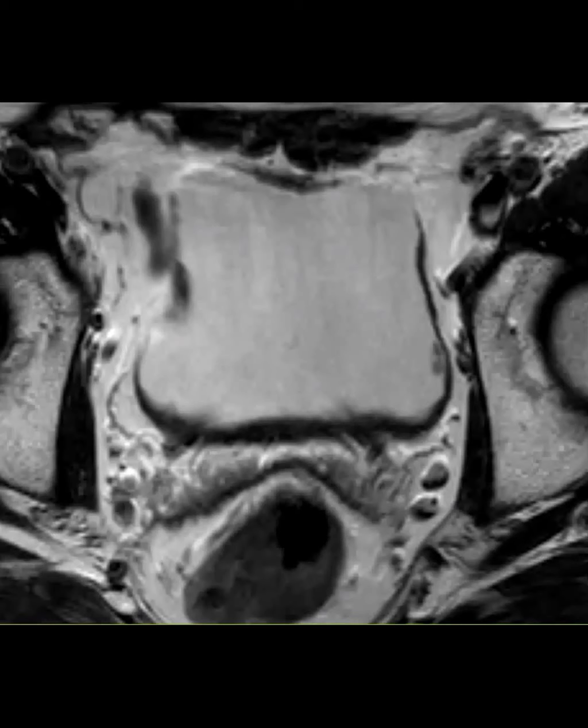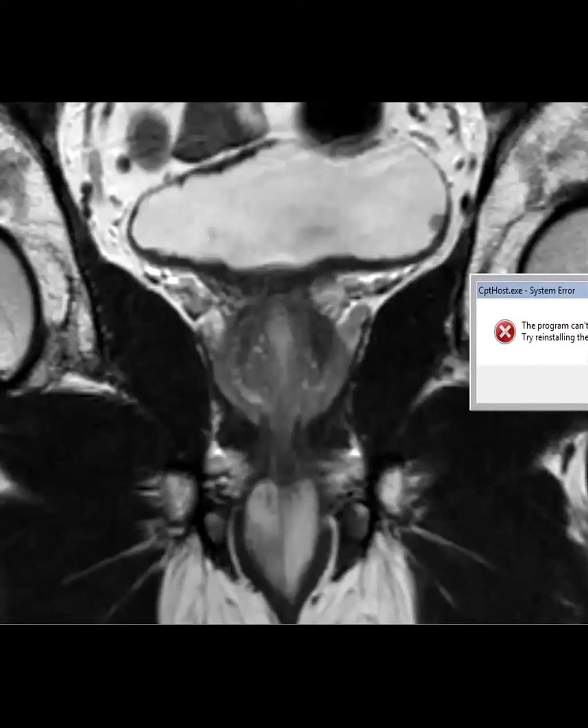Can I change the sequences? I can't. Okay, never mind. The sequence didn't change for me. Oh, okay. Hold on. Did it now? Okay, kind of. Well, I see a coronal now.